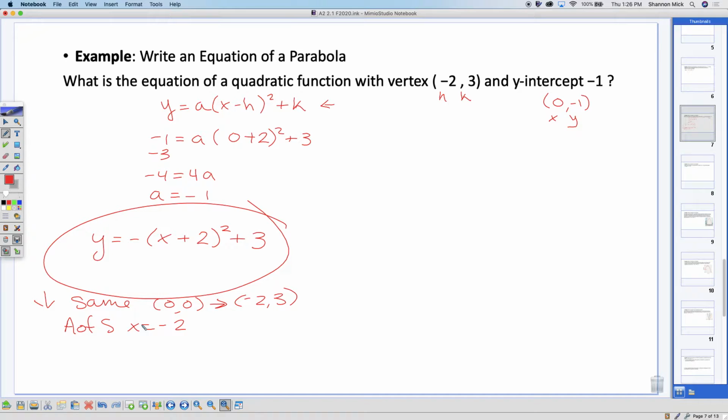Min or max? It'll be a max, because it opens down. Domain is all real numbers, x such that x is all real numbers. And range: since it's going down, y is less than or equal to 3.